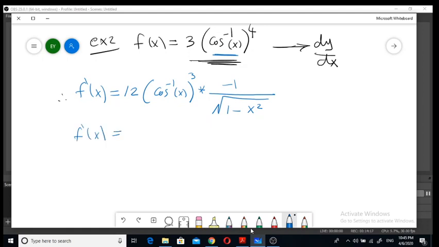And we can simplify. It will be negative 12 cosine inverse of x all cubed over square root of 1 minus x squared. This is the final answer.